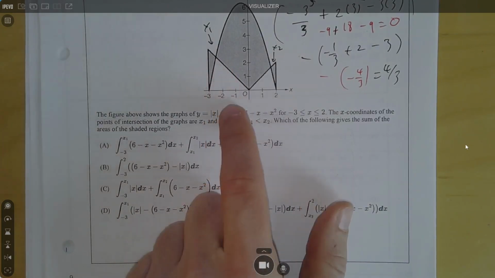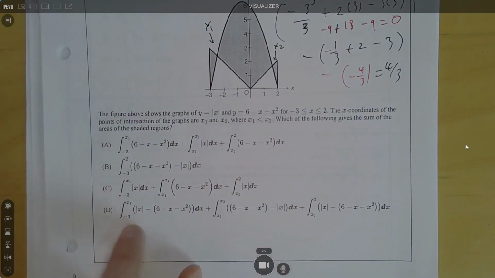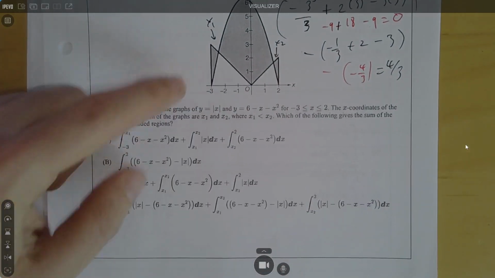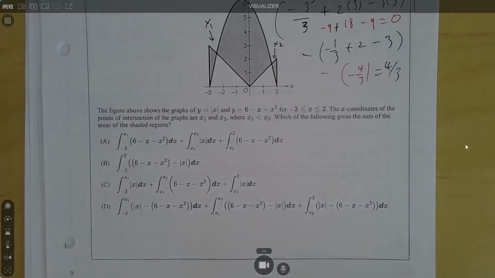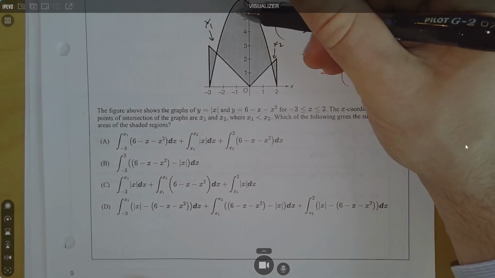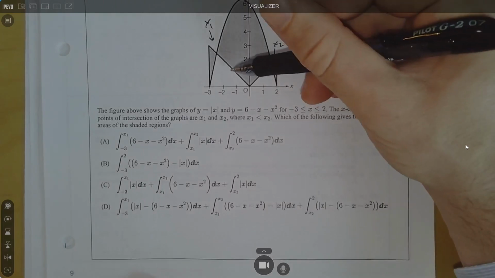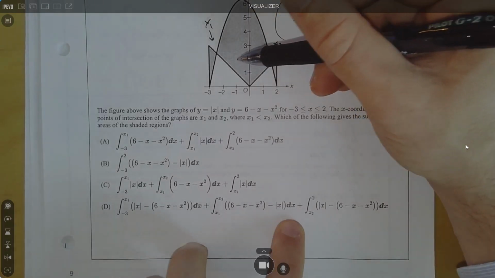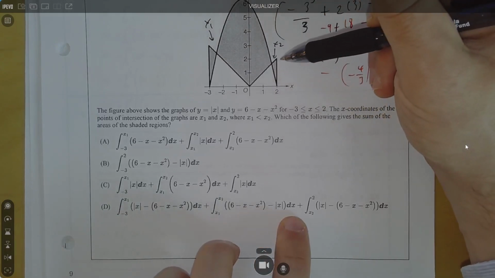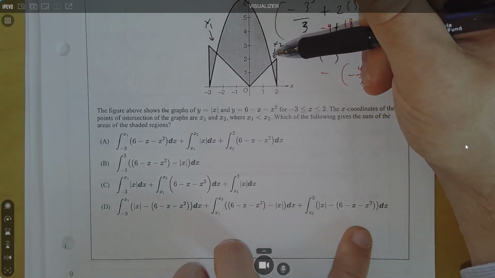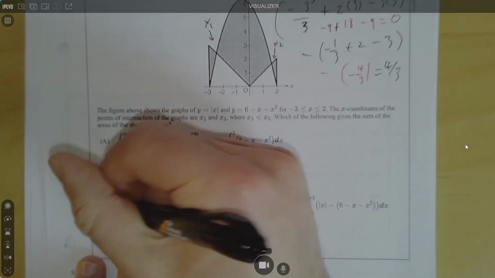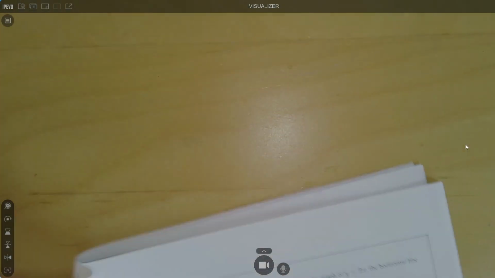It's d, because the absolute value of x minus the bottom function. Then it's that bottom function, so the 6 minus x squared minus absolute value of x, and then we come back over here. It's absolute value of x minus that other function. So it's d. Okay. All right.